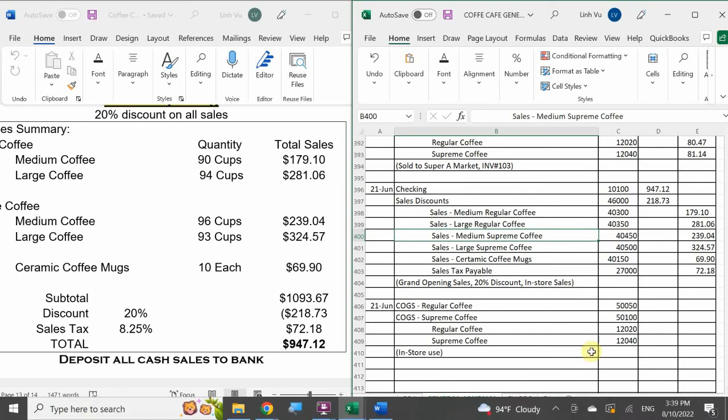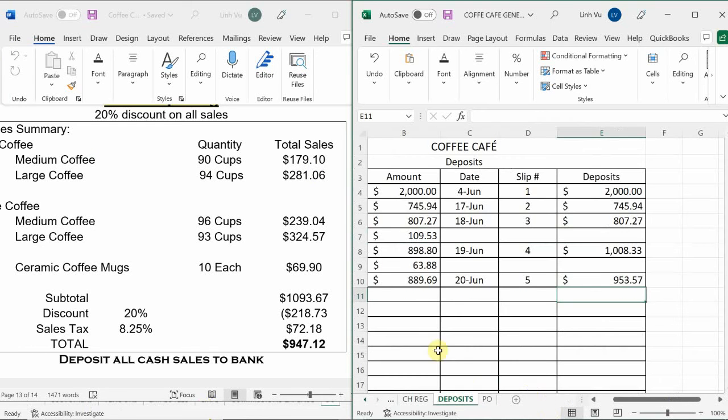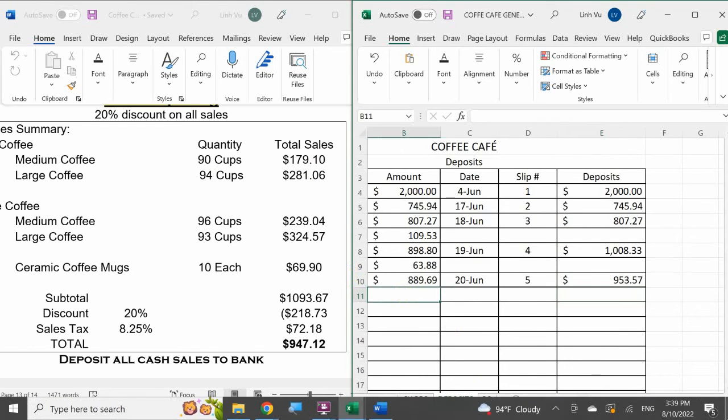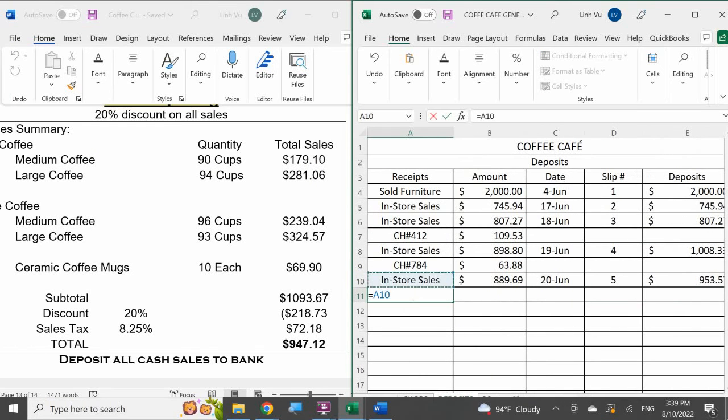Then we go to the tab for the bank deposit. Okay, so we're going to go ahead and deposit the money. It's the in-store sales of 947.12 on June 21.